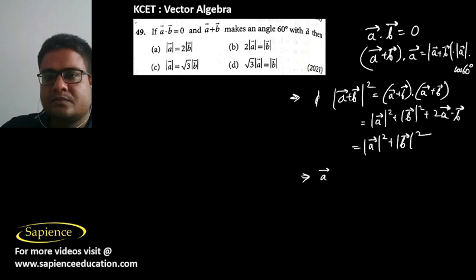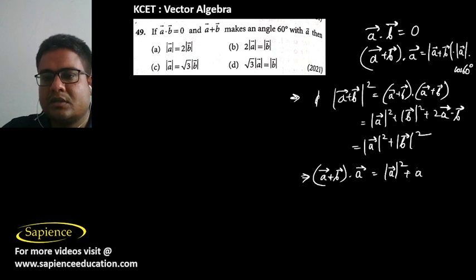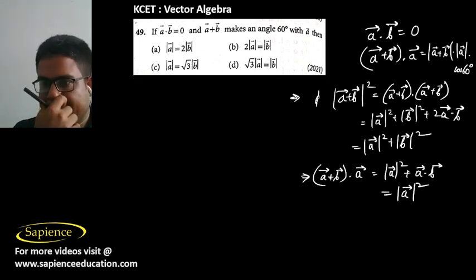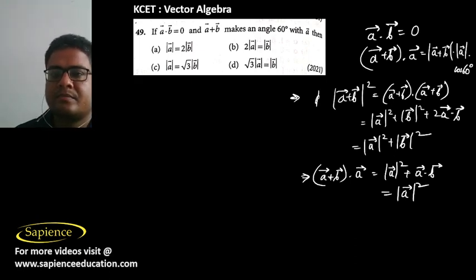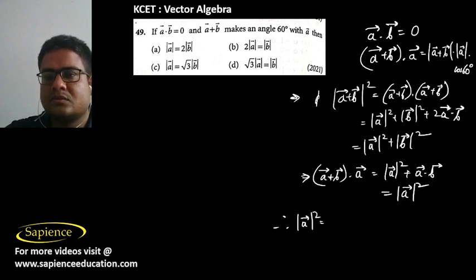Therefore, A plus B dot A is equal to mod A square, A dot A. Therefore, mod A square is equal to mod A into square root of mod A square plus mod B square into cos 60, that is half.